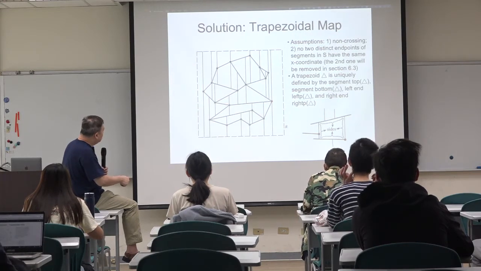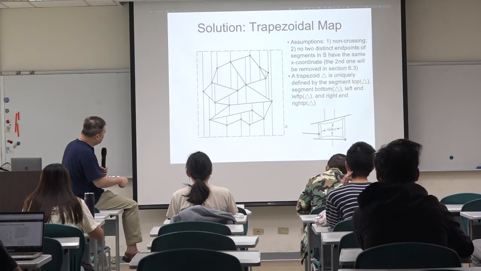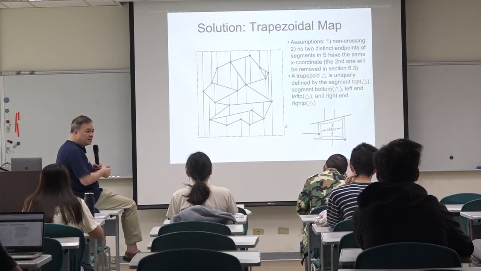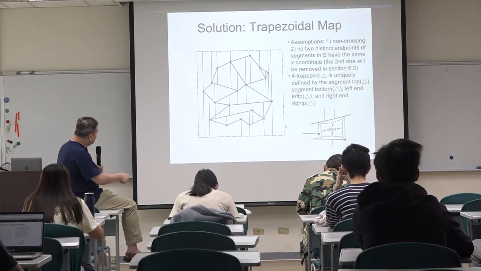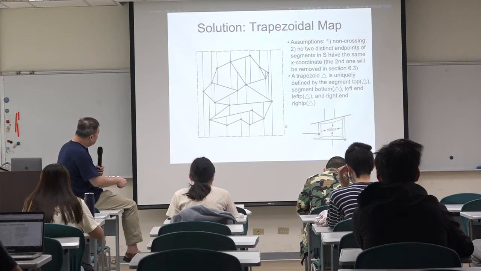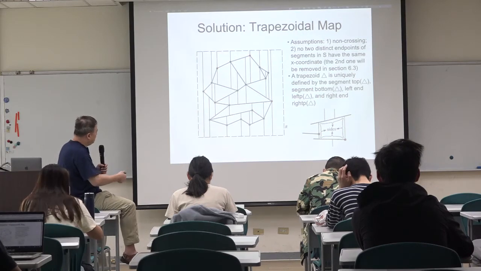The other special case is some trapezoids happen to be a triangle. This case happens when some edges are connected at a certain point, such as this situation, this one. You can see quite a few examples in this one.